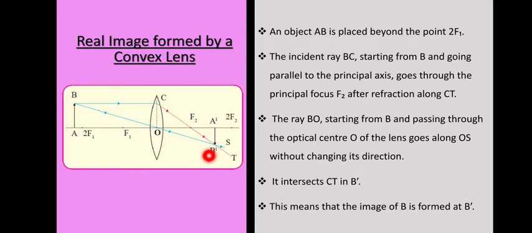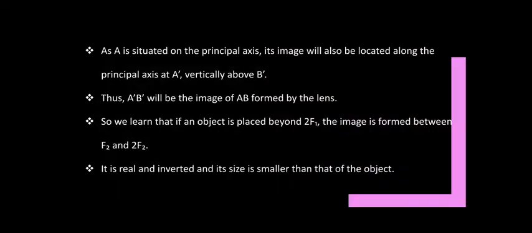Now, this means that the image of B is formed at B prime. Followed? So, it will of course be opposite. A is situated on the principal axis, so its image will also be located along the principal axis, vertically below B prime. Thus, A prime B prime will be the image of AB formed by the lens.